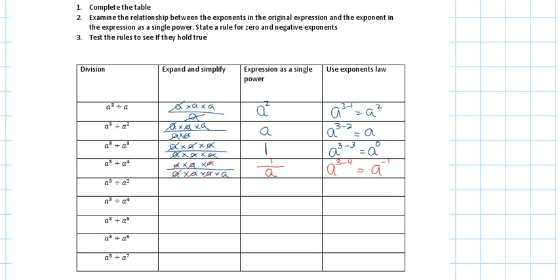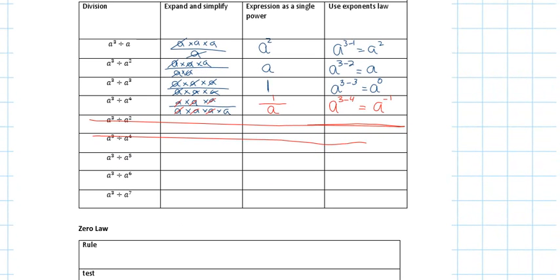This one we've already done. Just scratch this one. Let's look at a to the power of 3. This one we've already done too. What do I do here? So a times a times a over a times a times a times a times a.